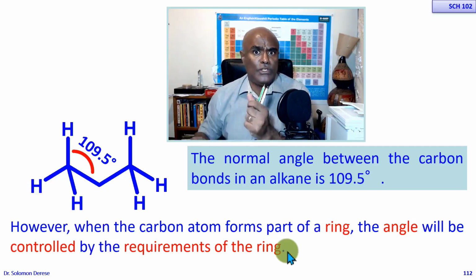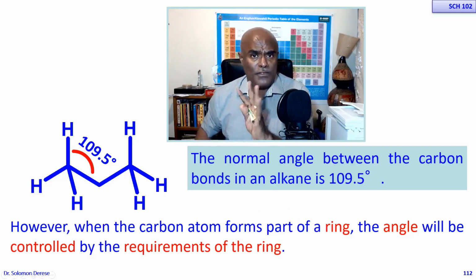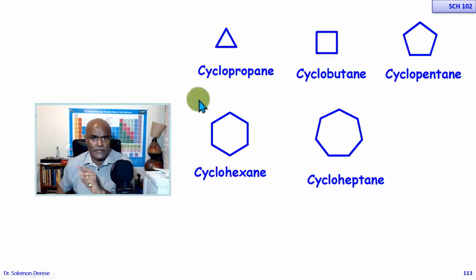Let's look at the situation of the bond angles of the different cycloalkanes. Let's look at what the bond angle in cyclopropane, in cyclobutane, in cyclopentane, in cyclohexane, and in cycloheptane is going to be like. What is the dimension of these bond angles?